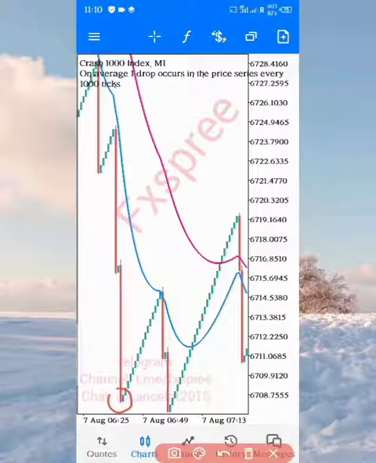Exactly on the first TP, you have a crash, a spike, and it comes again, touching the blue and touching the TP2 before you have another one. Once it touches blue for small accounts and the second line pink for big accounts, you exit the trade. That is how it works.